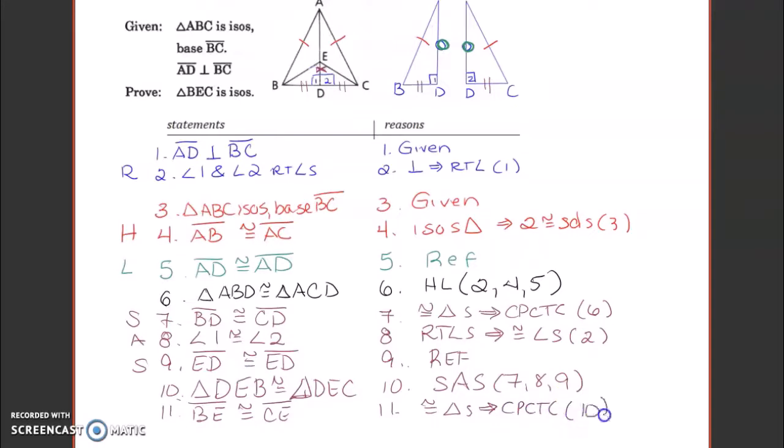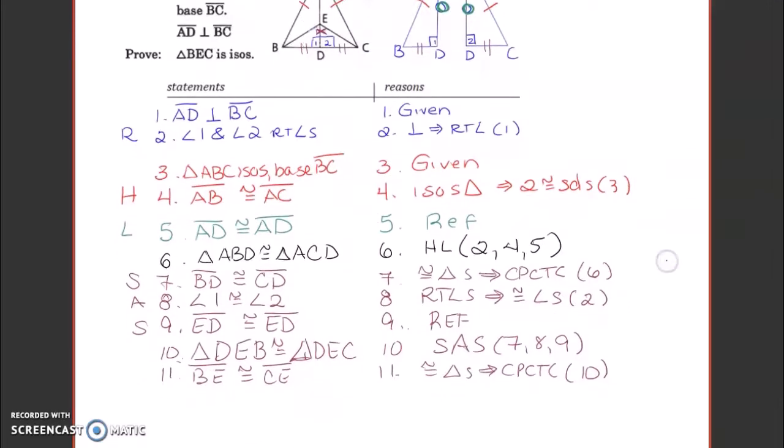And the triangle is in line 10. And then for a final line, triangle BEC is isosceles, because if we have congruent segments, then we have an isosceles triangle.